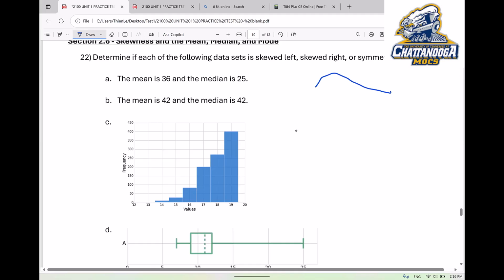Something here pulls the mean forward, but the median is still here because of resistance. So here the median, and here the mean. So this is the right skew. So A is the right skew.